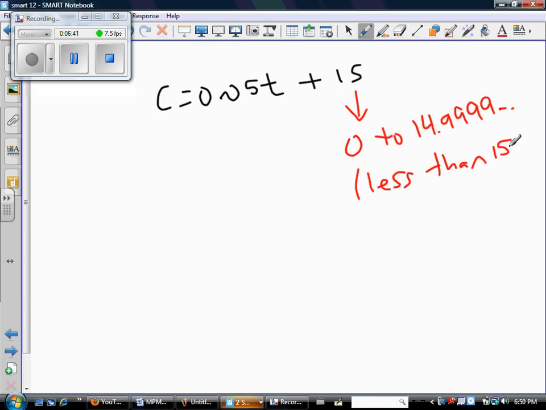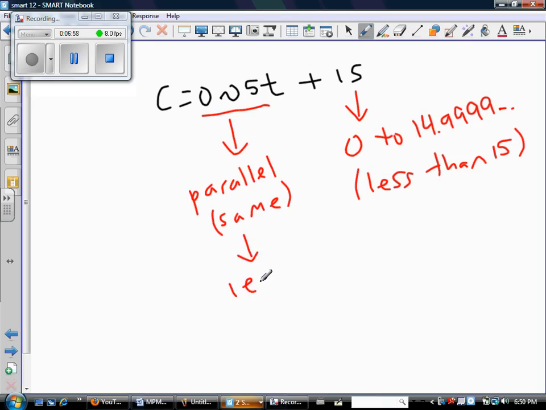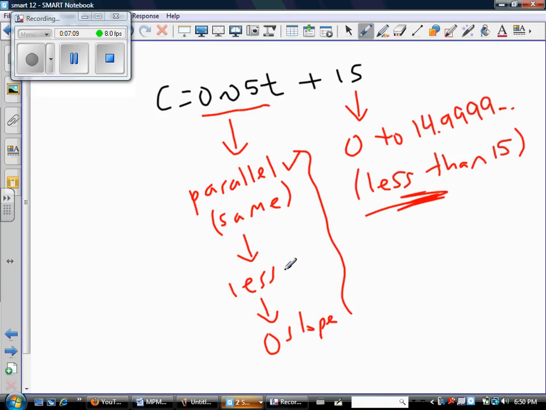And again, don't go into negatives. It doesn't make sense. And we decided that the slope being parallel was fine. So same slope was okay. We could have less slope, or we could have a 0 slope. As long as this was true, then I could have parallel slope, a smaller slope, or a 0 slope.